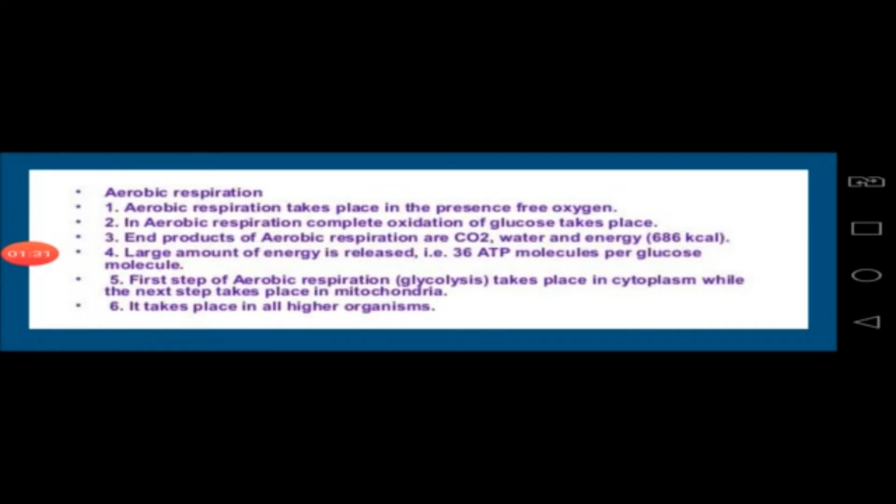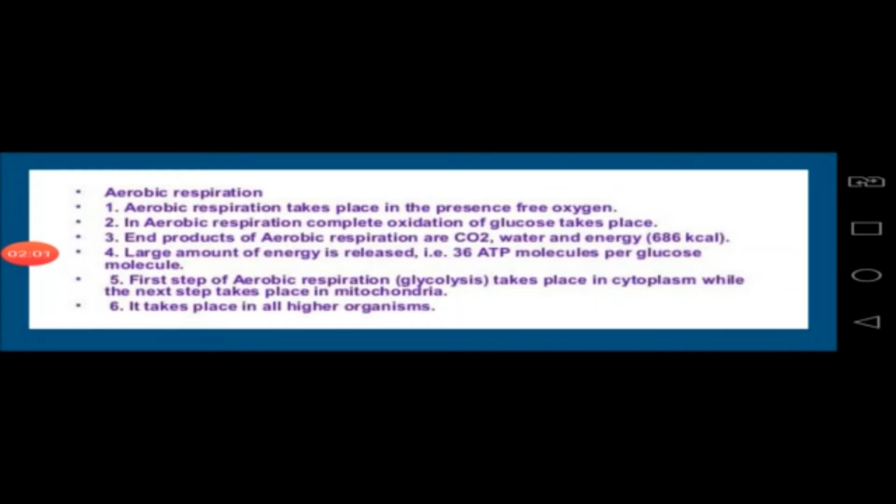In this process, oxygen is present and there is complete oxidation of glucose with the maximum release of energy. In its first phase, the molecule of glucose is broken down into two molecules of pyruvic acid, while in the second step, the molecules of pyruvic acid are completely oxidized to produce carbon dioxide, water and energy, which is in the form of ATP.